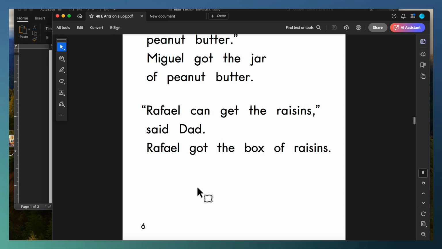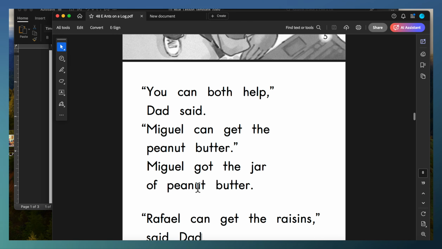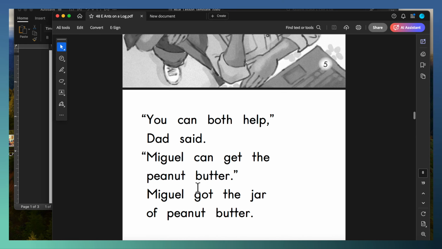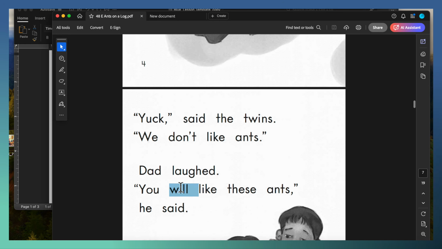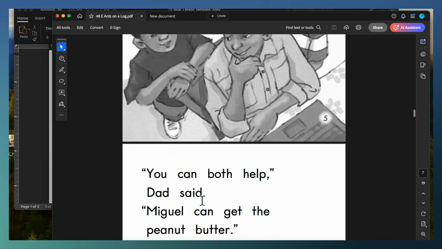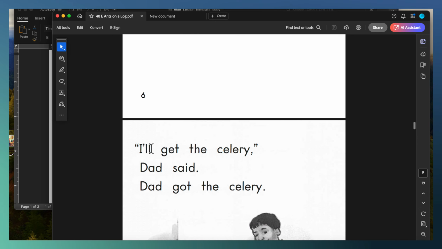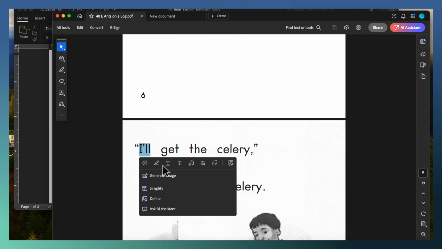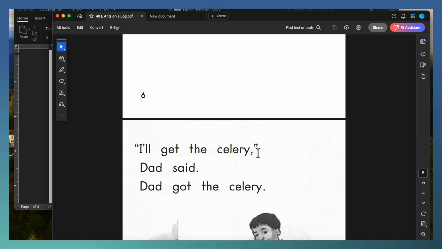Okay, another thing to notice, I believe I saw future tense here, right? Will, but look, we now have the abbreviated form. So both forms exist in this text, and maybe that is something that I want to have a mini lesson about.